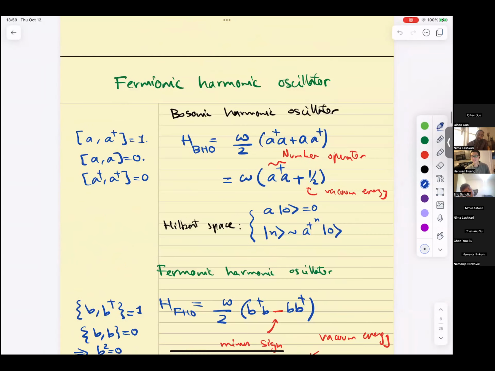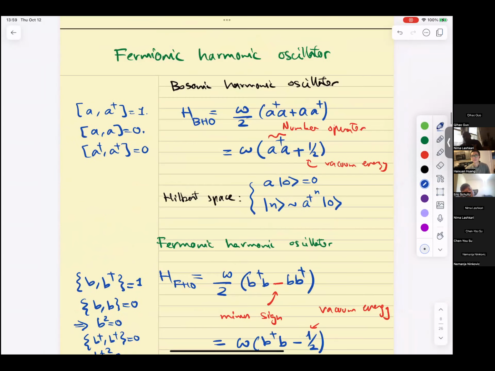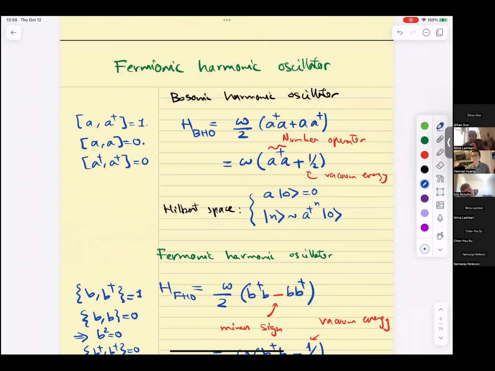Okay. So before jumping into quantization of the Dirac field, let's remember how fermions are different from bosons. We saw that the free scalar field was just a collection of simple harmonic oscillators with canonical commutation relations.